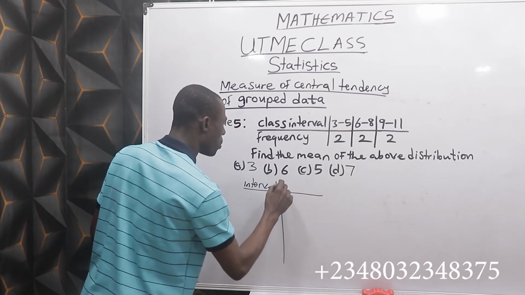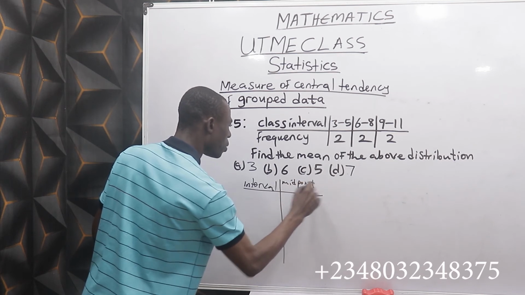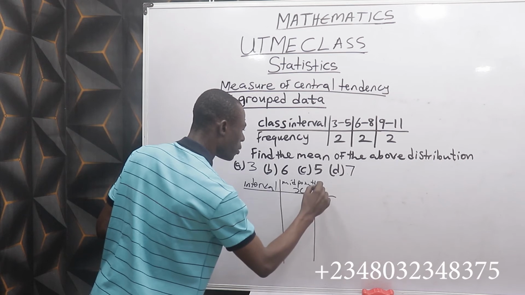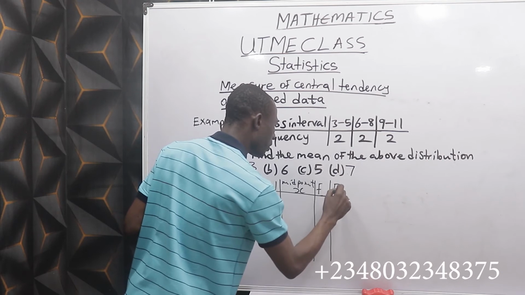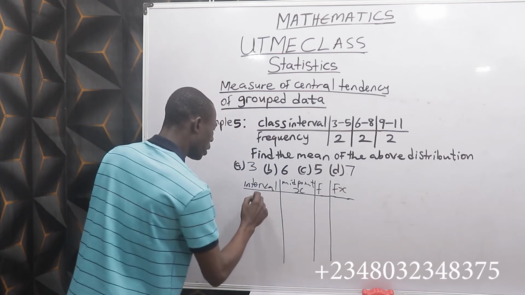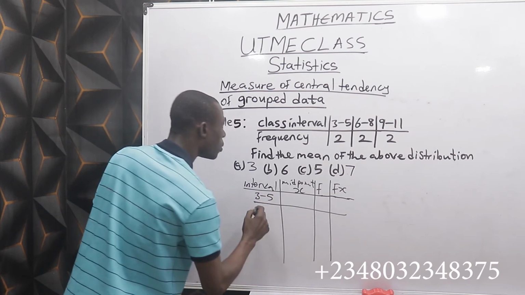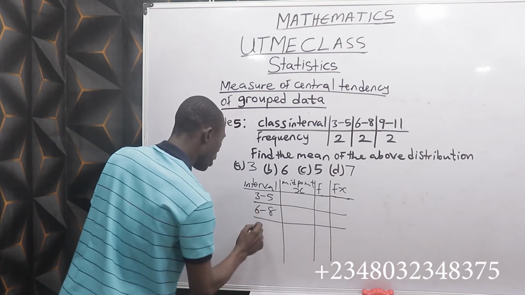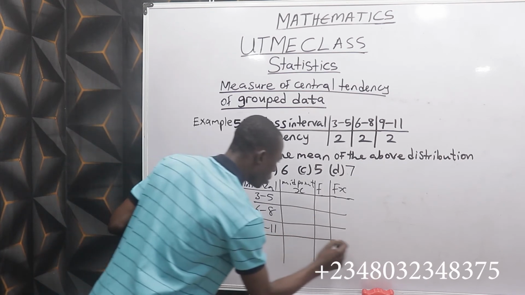Then we have mid value or midpoint, which is our x value in this case. Then frequency, we have fx because we need mean. So the class interval 3 to 5, 6 to 8, 9 to 11.